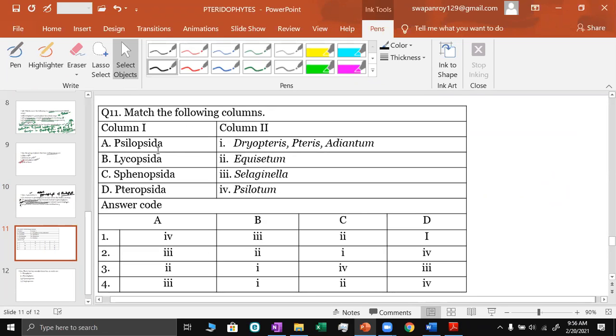Column 1 is giving the name of the classes, groups of pteridophyte.